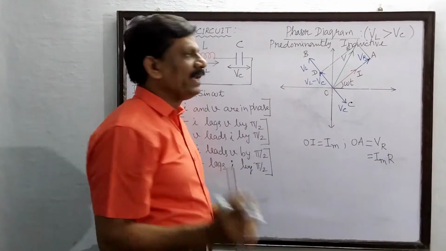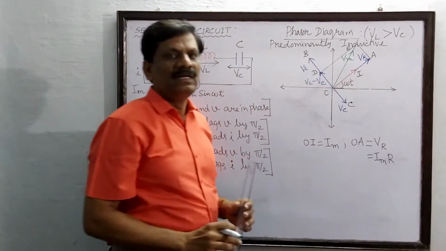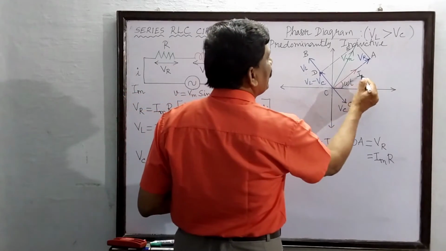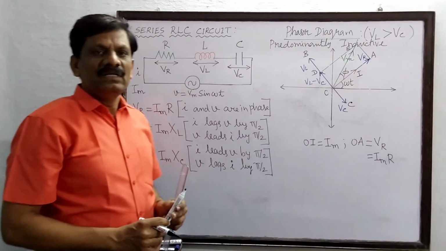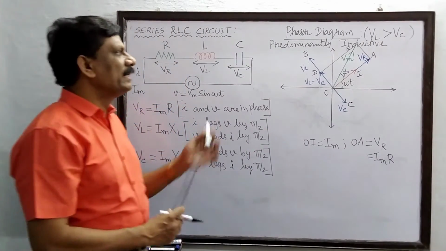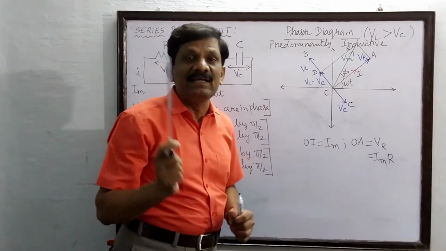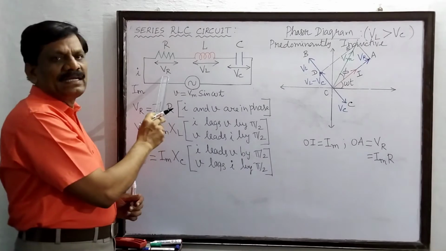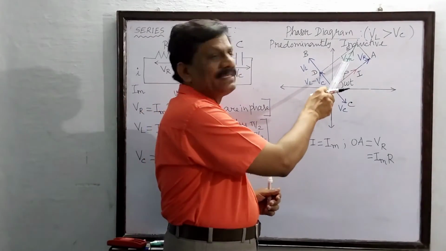And the maximum value of this resultant voltage is Vm. And it makes an angle phi with the direction of the current. So now in this picture, you see that the green color vector, that is the OE vector, is the resultant voltage, the resultant of VR, VL and VC, and its maximum value is Vm.